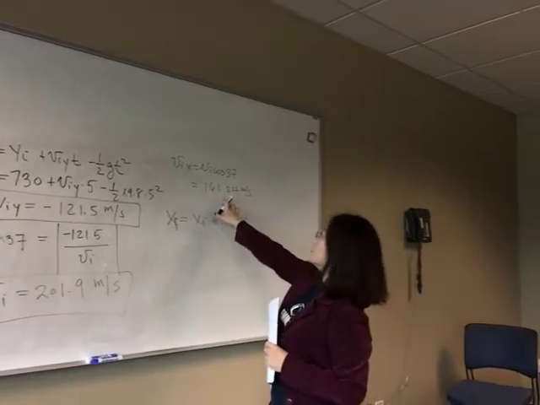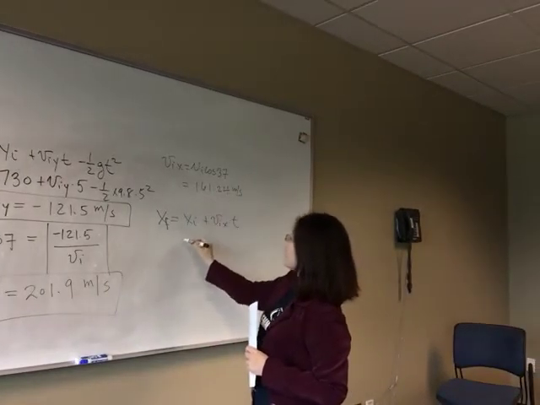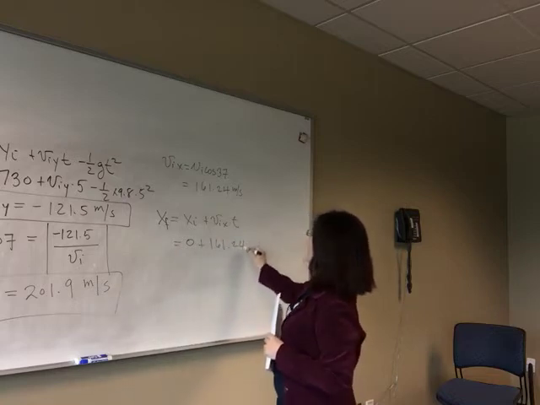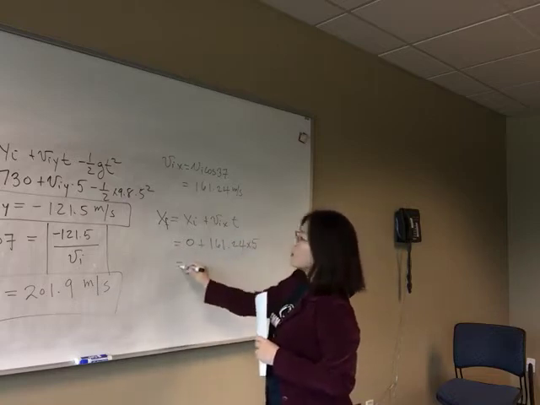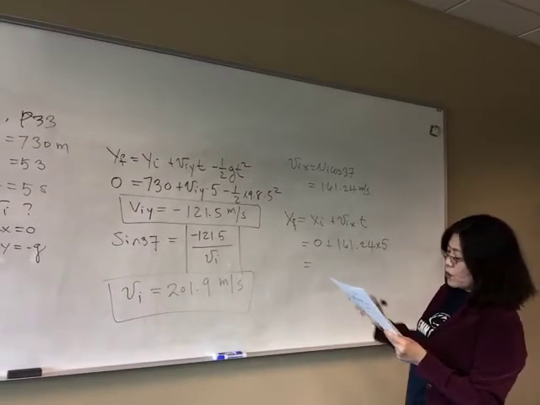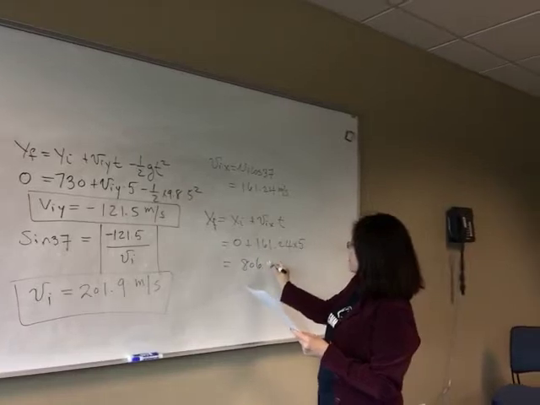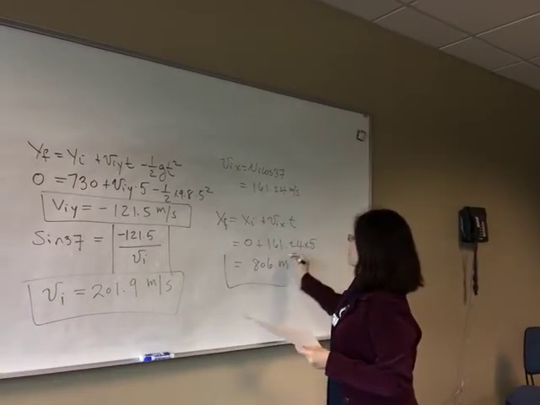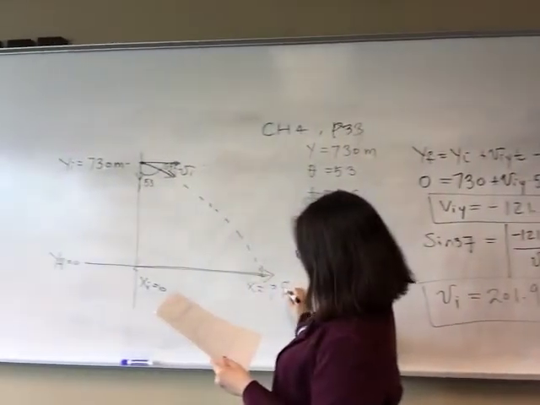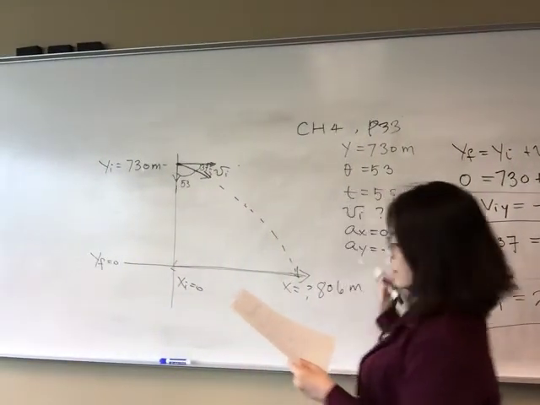So you have the 0 here, and then plus 161.24 times the 5 seconds. So horizontally, you should get a value equal to 806 meters. Okay. So horizontally, it will have traveled 806 meters.